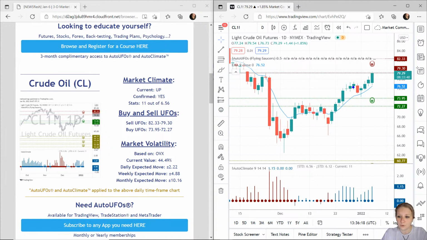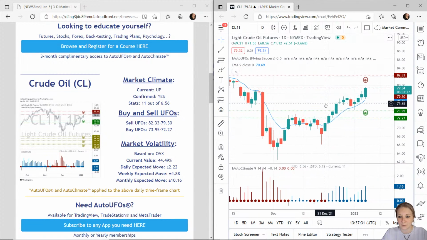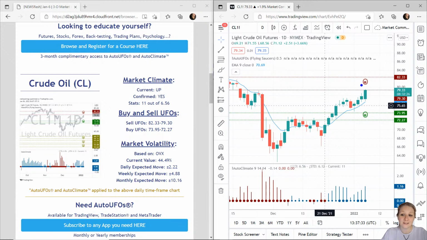Okay, so crude oil. We have a thick blue dot, probability there to the upside, a confirmed upwards climate, probability up. However, something we need to be aware of here with crude oil, let me just squish this down so we can see it, is we have just hit, literally just, a bunch of sellers. There are lots of sellers here between 82.33 to 79.3.